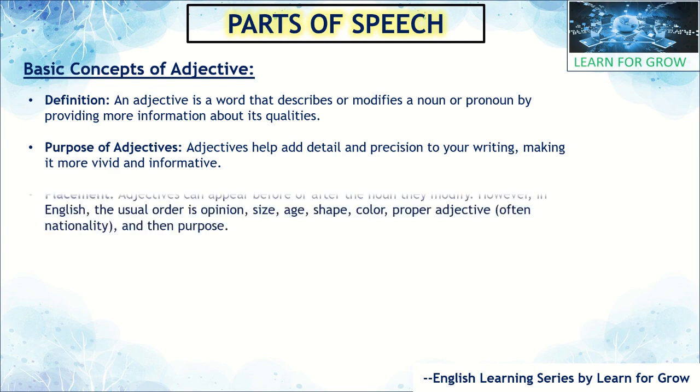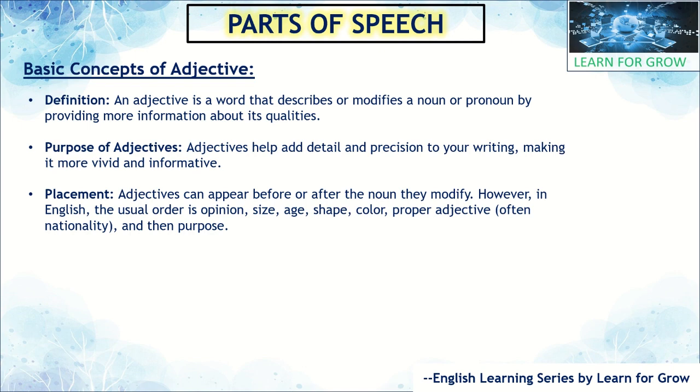Okay, and the next one is placement. Adjectives can appear before or after the noun they modify. However, in English, the usual order is opinion, size, age, shape, color, proper adjectives, often nationality. Okay, before the noun you can place adjectives, some words, some phrases, and after it also you can place adjectives in some cases. Okay, we will see that next.